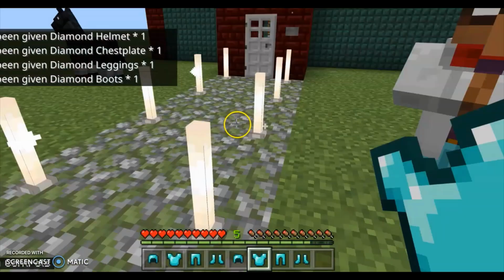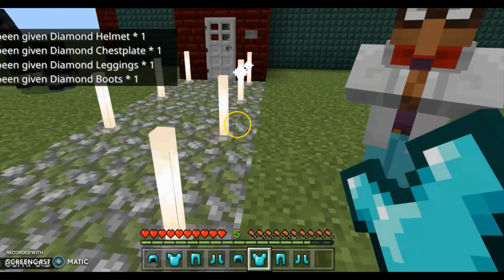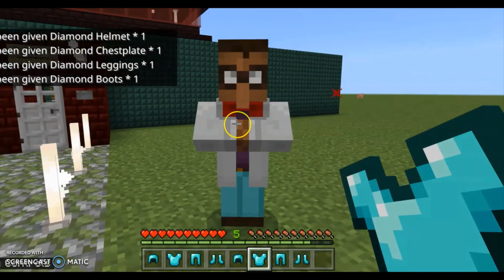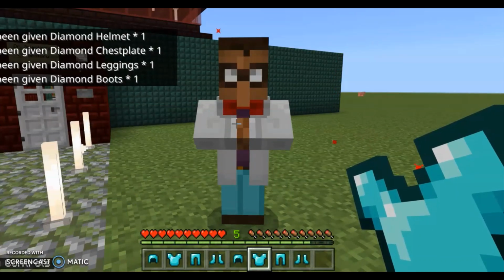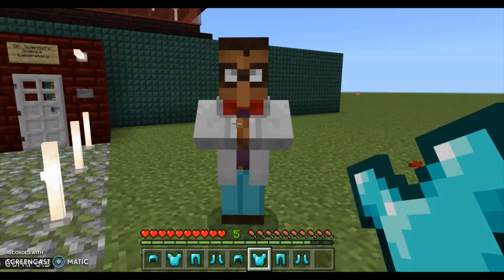So the lab assistant gives the student both some things to help him when he goes into the lab and also provides him with some information.